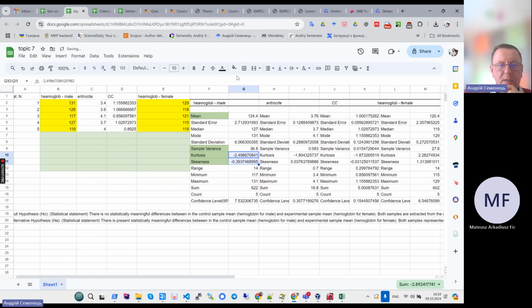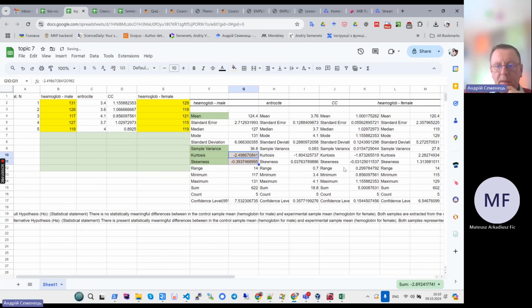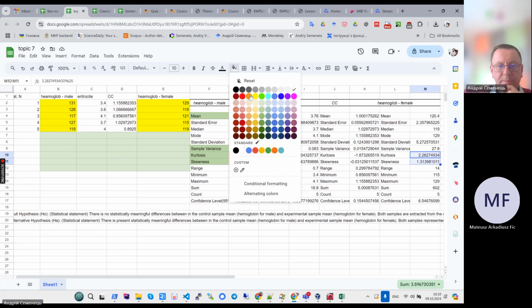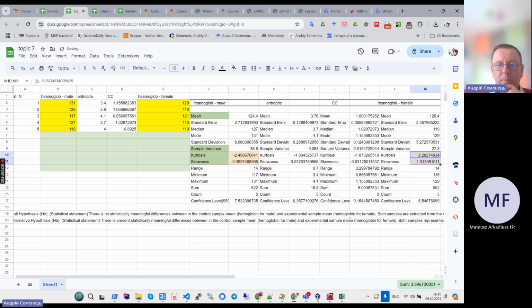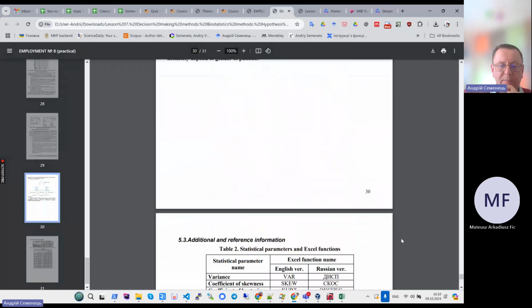You check this pair of values, here and here, and compare those values to the critical ones. The critical values are given on the last page of the practical class material.